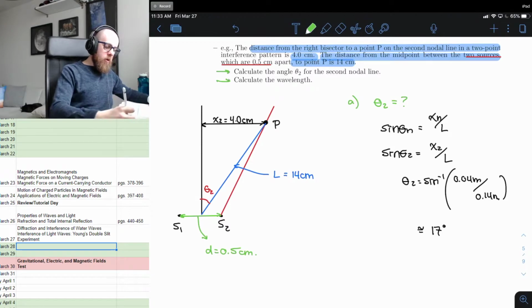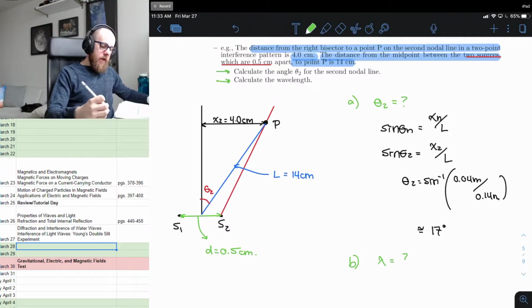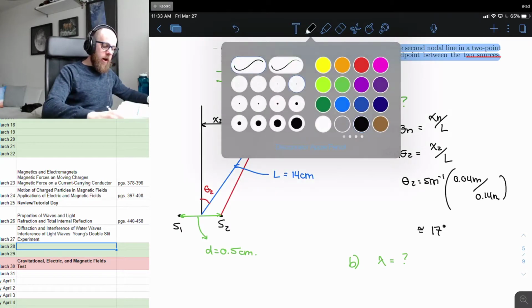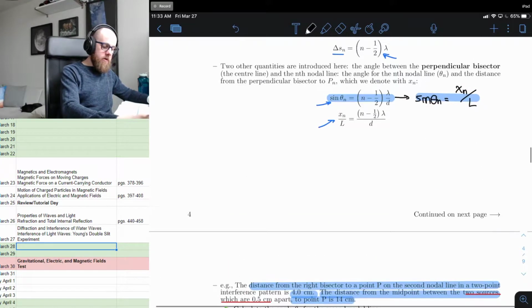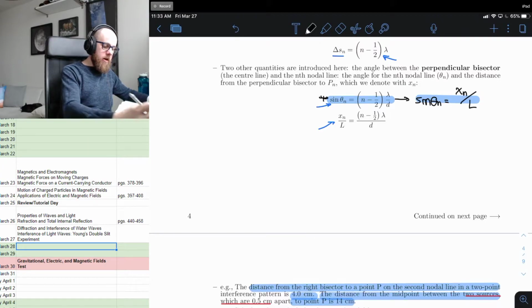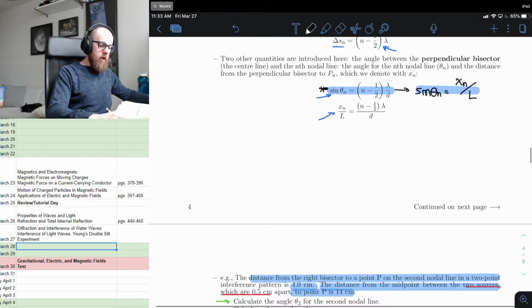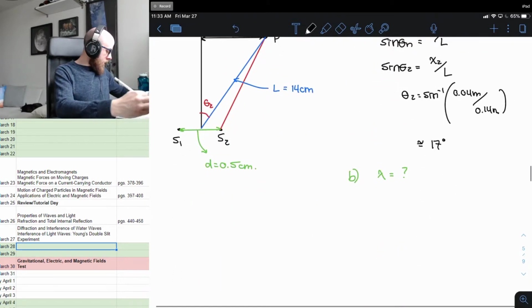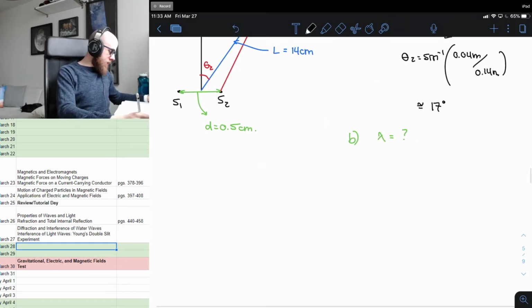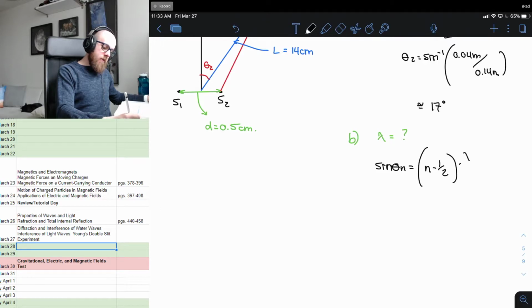For part B, we're actually looking for the wavelength. I'm going to use my other formula for this, this formula right here. So sine theta n is a half integer multiple of the wavelength over the spacing between them. So sine theta n equals n minus a half times lambda over d.